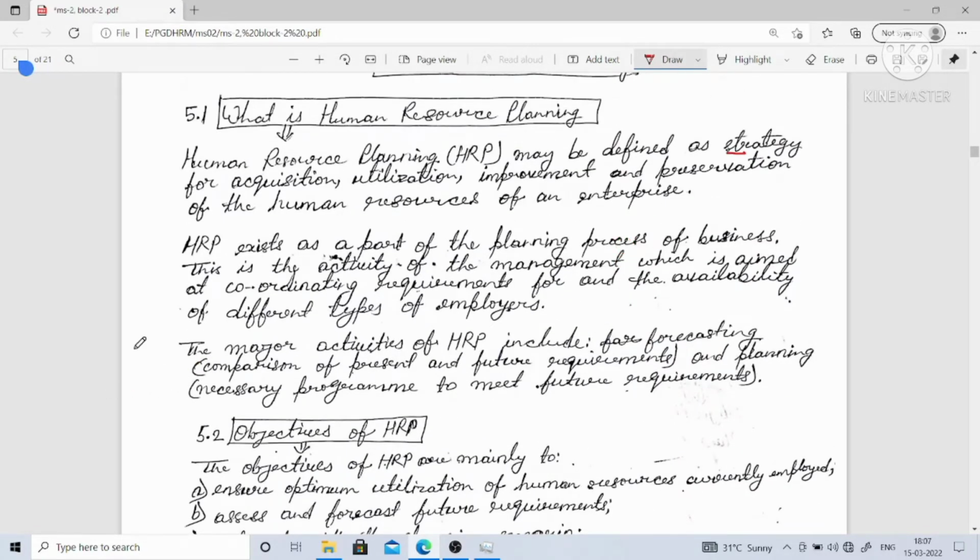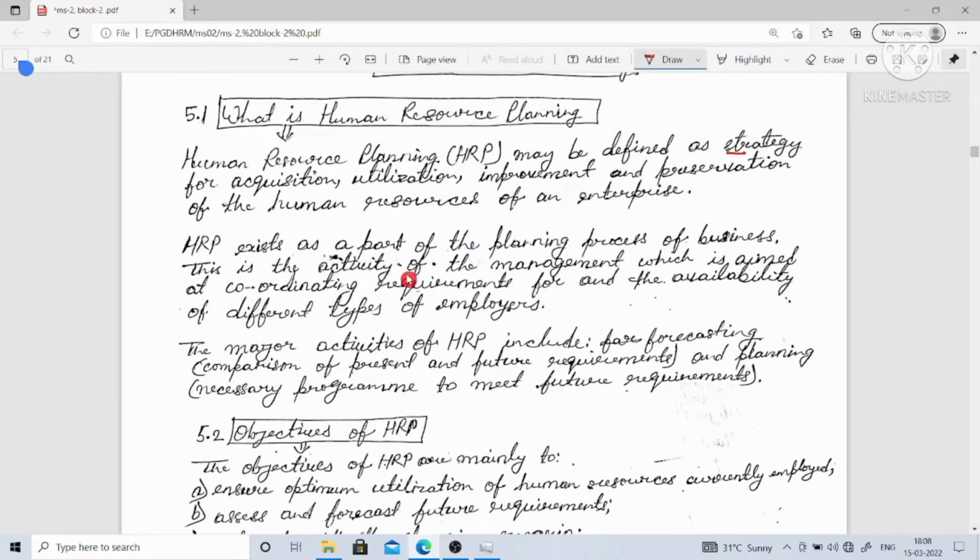So some more things are given about that. Human resource planning exists as a part of the planning process of business. It is a part of business planning. It is the activity of the management which is aimed at coordinating requirements for and the availability of different types of employees. Okay, here you see activities of the management.